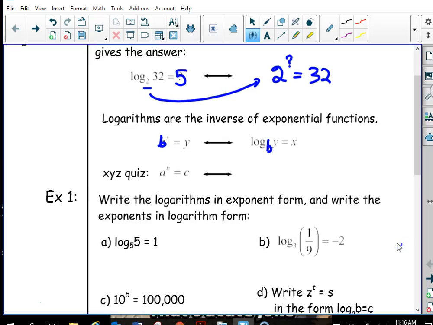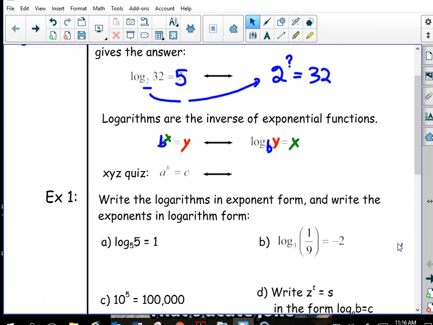The exponent in an exponential equation is the answer to a logarithmic question, and the answer to the exponential question, b raised to some power, is the thing that is part of the question in a logarithmic statement.